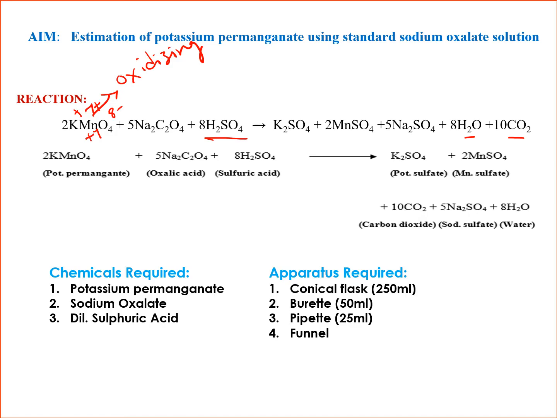Similarly, on the product side, the same manganese has an oxidation state of plus 2, because sulfate has 2 minus. So as we go from reactant to product, manganese gains 5 electrons, which means it itself undergoes reduction.